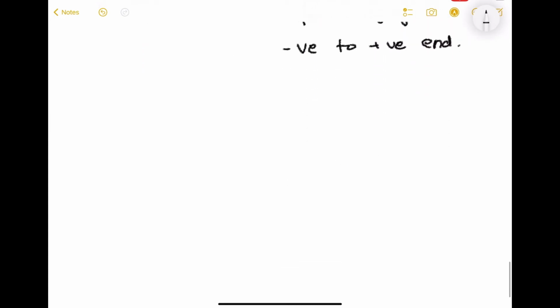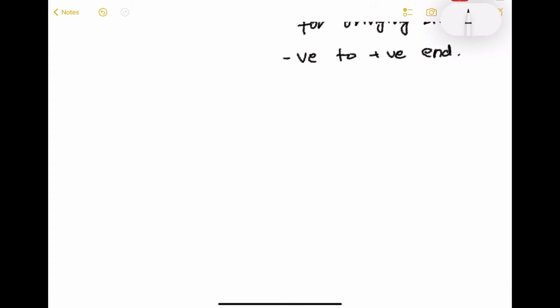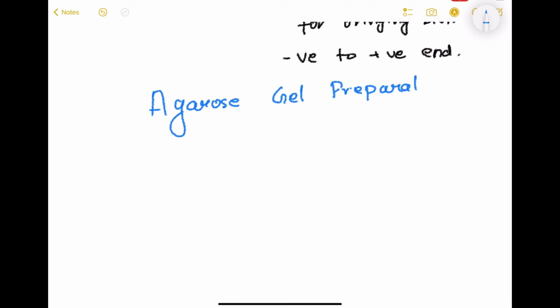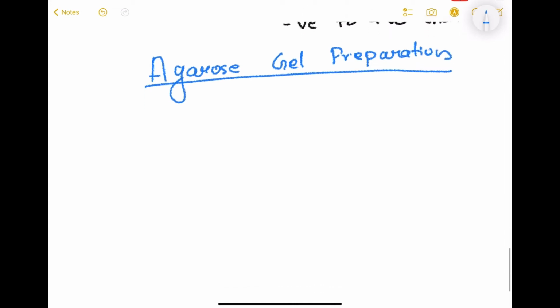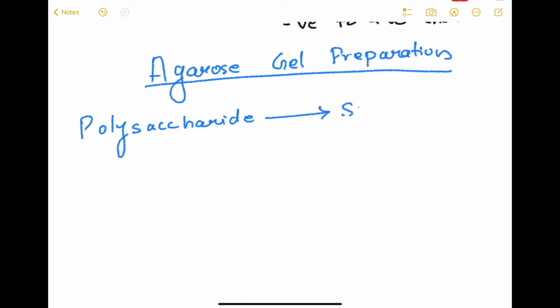Next is how agarose gel is prepared. Agarose gel preparation. First of all, what is agarose? It is a polysaccharide and it is extracted from seaweed.